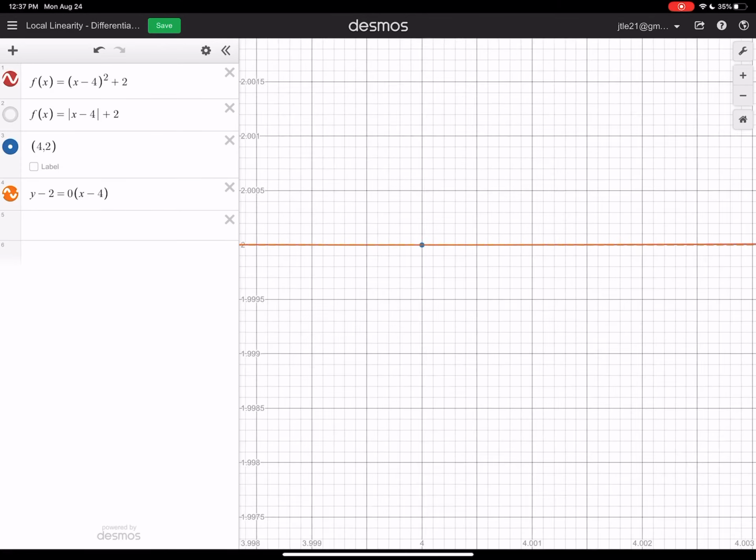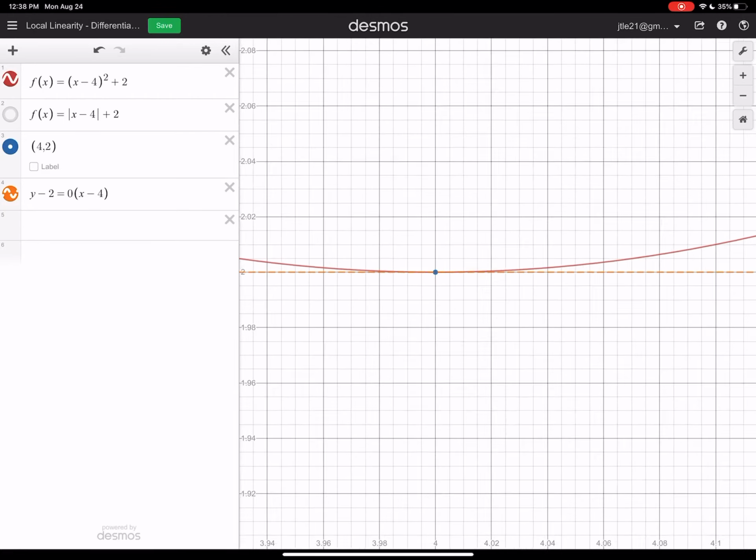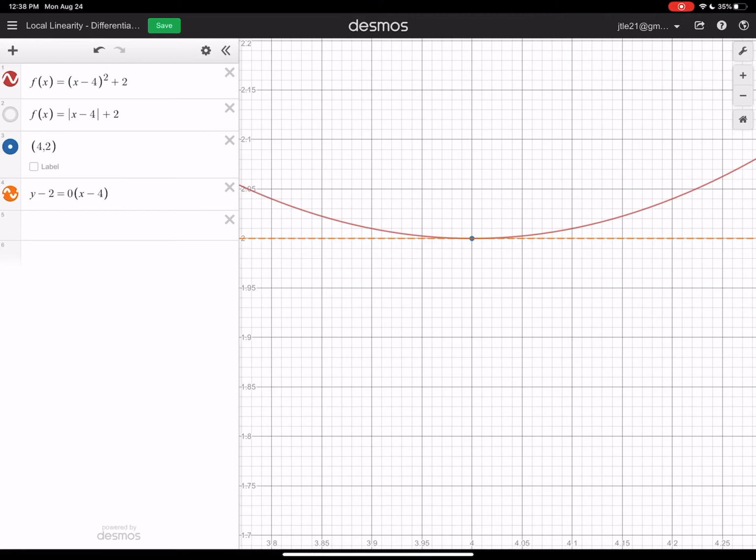A very similar concept is thinking about Earth, right? This is not for you flat earthers, okay? The world is obviously round. And then someone may argue, well, the floor is flat, so why is the earth round? It's the same concept here. We know our earth, the parabola, is round.